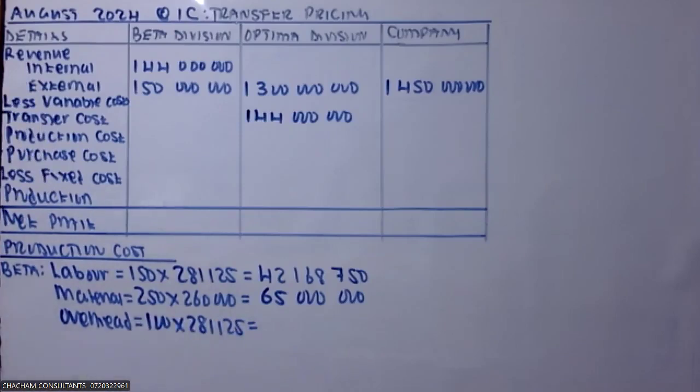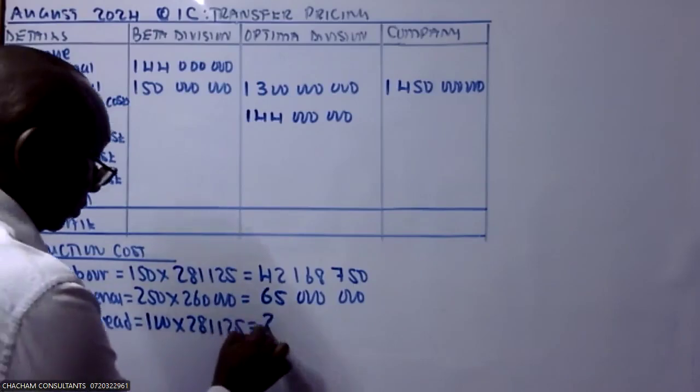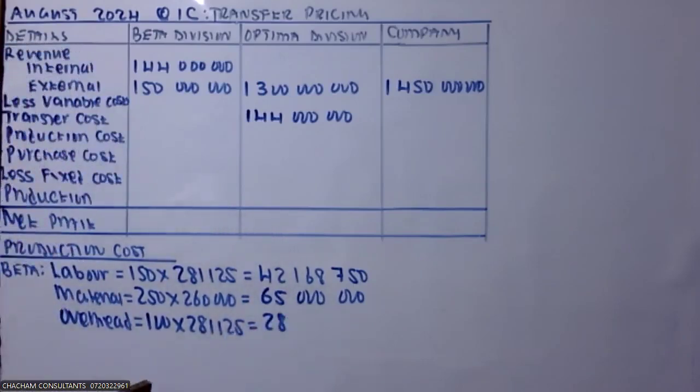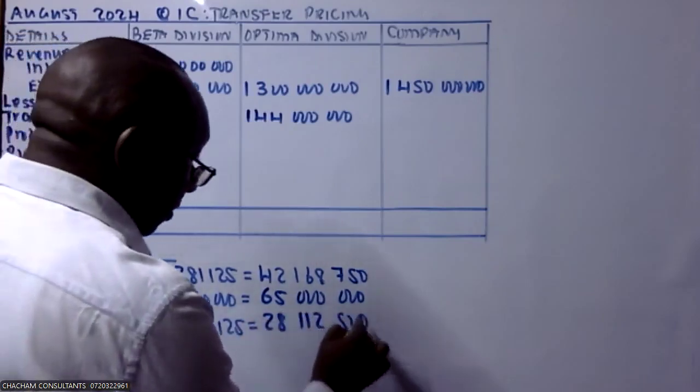So you see 100 times 281,125. Okay, so this is coming to 28,112,500.